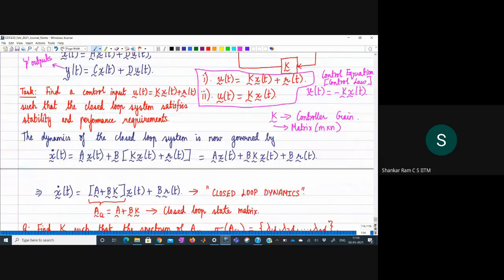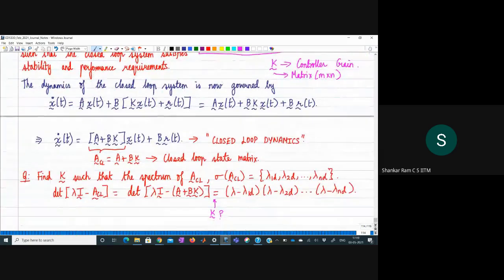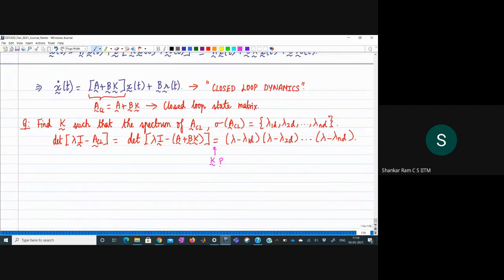For that, we calculate the closed loop state matrix, which happens to be A plus BK. And then we want to find K such that the spectrum of A_CL will be lambda 1 desired through lambda n desired. So that's the overall problem of full state feedback. We will be doing examples which will make things clearer.